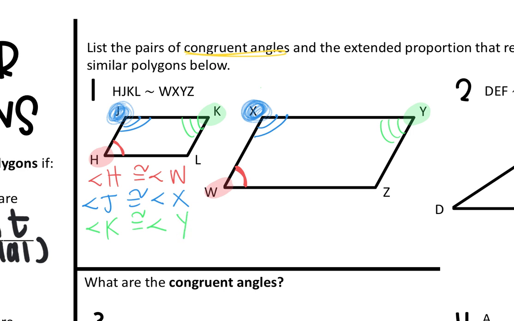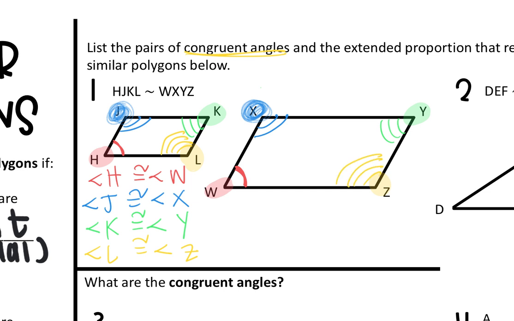All right, last one. I'm going to do that one in yellow. L is congruent to Z. Angle L and angle Z are corresponding. So I'm going to say angle L is corresponding or congruent to angle Z. And this one's going to have 4 arcs. Different angle.